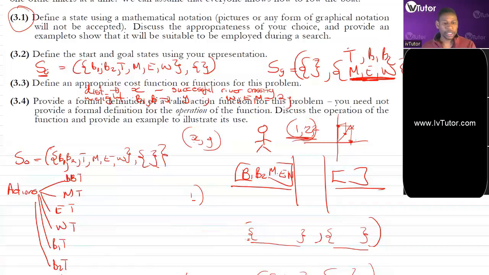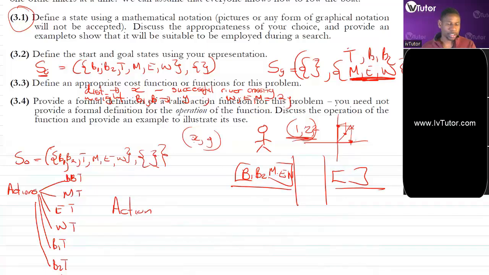So we can just write it. The action is just a formal set. Action is defined as the occupants of the boat crossing the river.